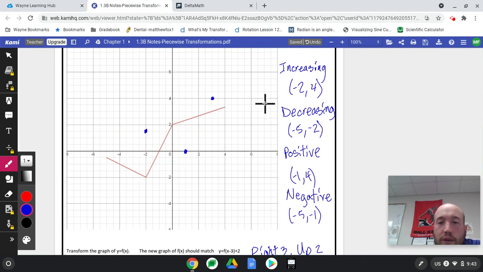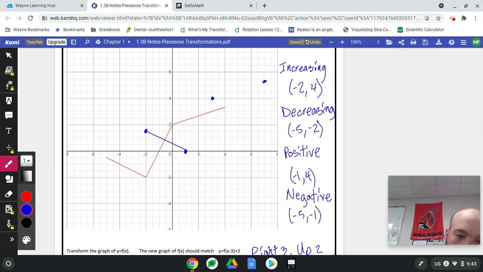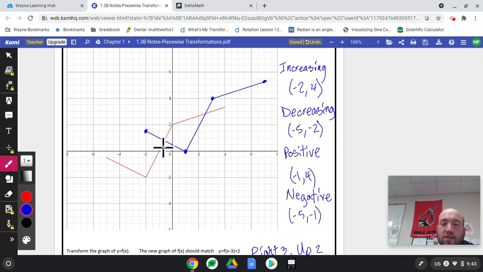Let's see, 1, and then up 2. That'll do. And now we connect the dots. 1, 2, and the third one. And as you can see, it is the same shape, just scooted over to the right and up.